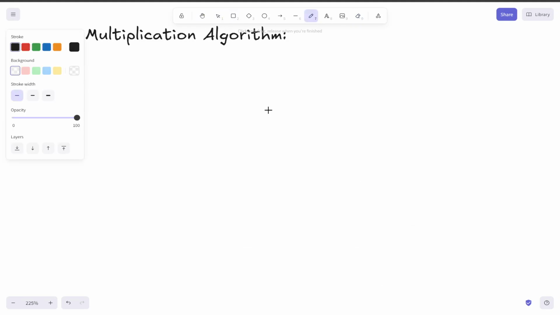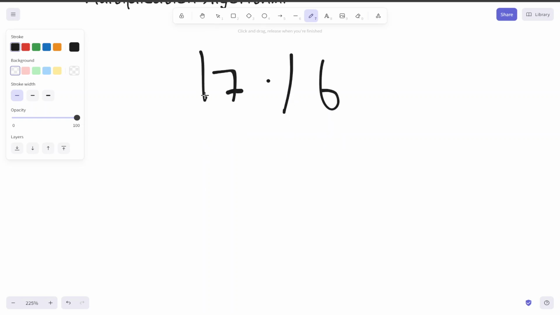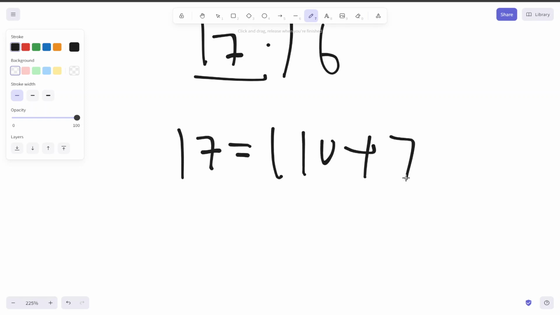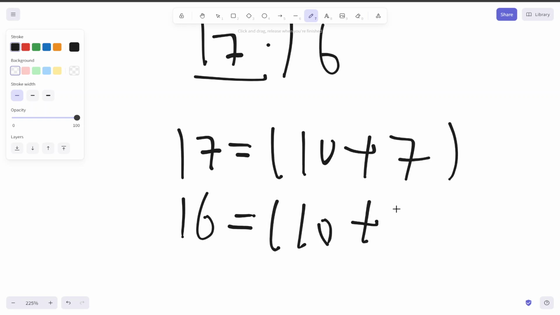So we can begin by really thinking about what 17 and 16 mean, right? We've done this trick before in the previous video where we rewrite 17 as some addition. So 17 we can rewrite as 10 plus 7, and 16 we can rewrite as 10 plus 6 in a similar fashion.